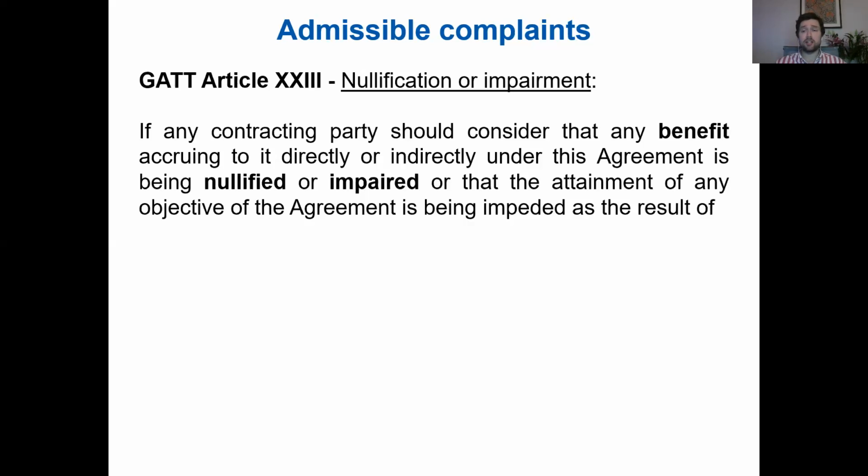But here we see that Article 23 gives us a straightforward obligation for the contracting party that wishes to initiate a dispute to necessarily demonstrate that benefits that accrued to it directly or indirectly under the GATT were nullified or impaired. Alternatively, the reason for the formal complaint could be the attainment of any objective of the GATT being impeded.